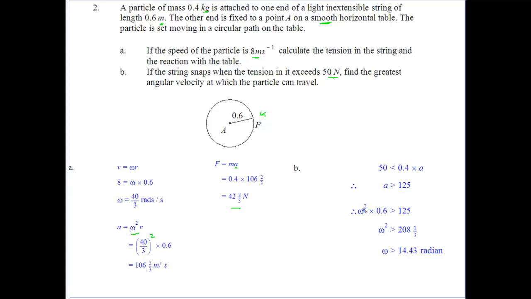The acceleration is the angular velocity squared times 0.6, so omega squared would be 208 and 1/3, and omega would have to be greater than 14.43 radians per second for the tension to exceed 50 newtons.